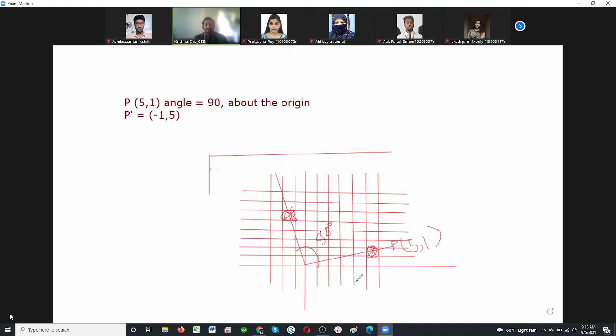Now this is a very simple way for an object that you are representing with a single point, right? That is, you are getting P prime.